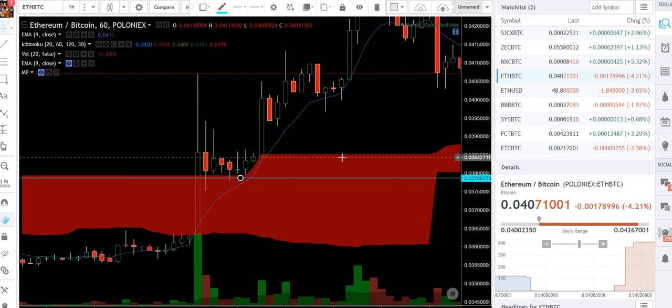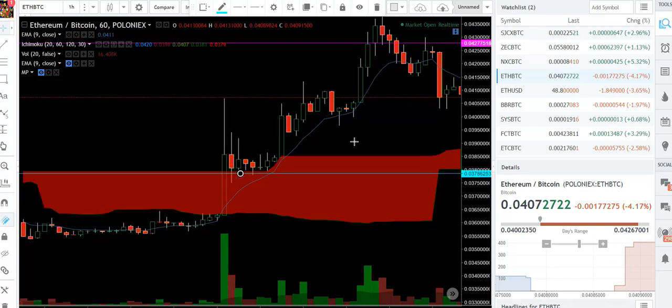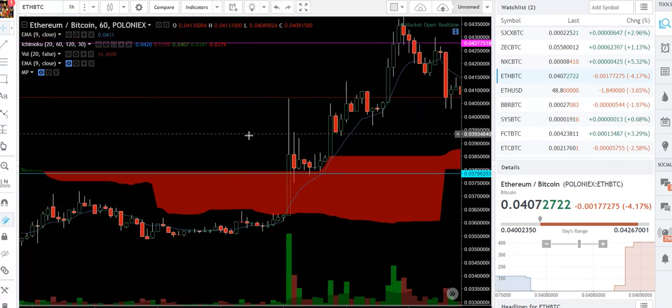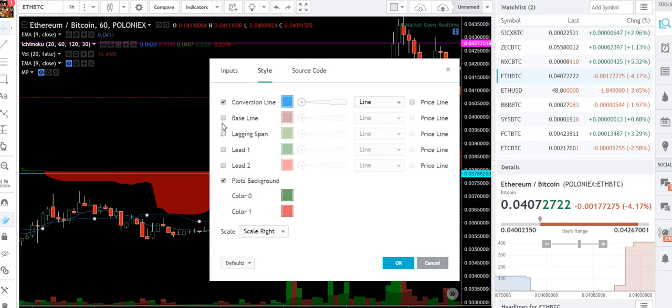Okay, like I said when we first started talking about the cloud, there's a ton of other things that you guys could research on your own and see if it's what you want to use with the cloud. That's how all these lines can give you an indication of a trade.